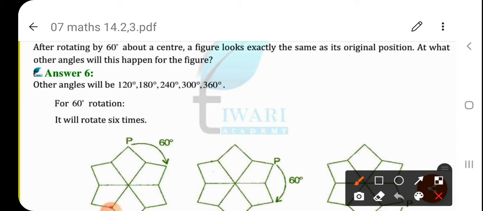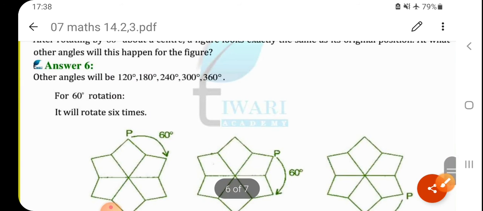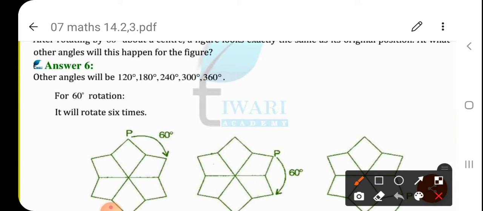The first angle of rotation is 60 degrees. If you rotate this figure by 60 degrees, it looks exactly the same as the original position. Then you have to find the other angles where this will happen. So the second is 120, third is 180, fourth is 240. You have to multiply by the natural numbers up to 360, because after 360 it's not possible, so the last one is 360.